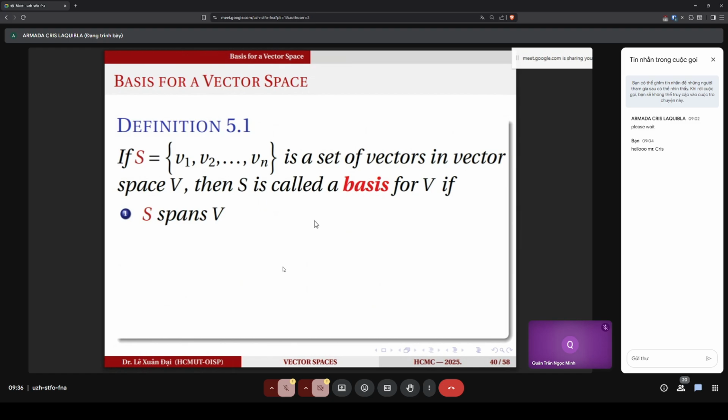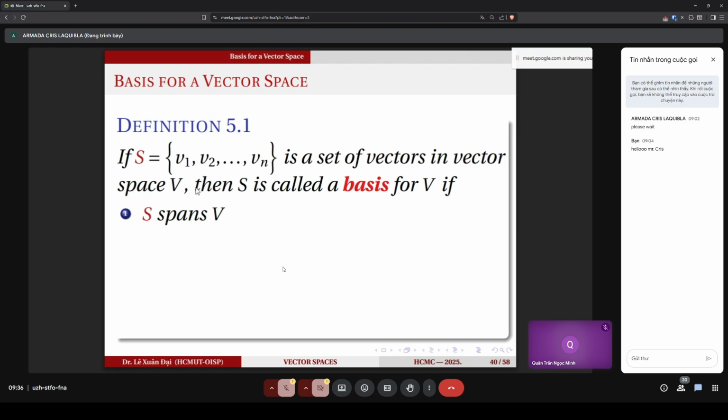Now we have to define a basis. By the way, in defining the basis, class, we need the definition of linearly independent and linearly dependent, and also the spanning set definition.